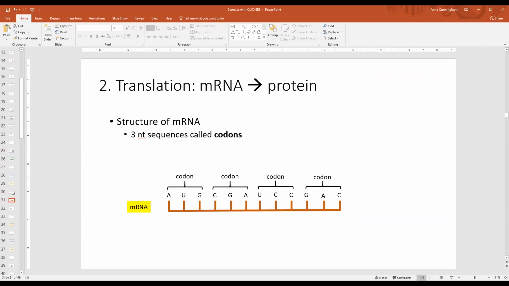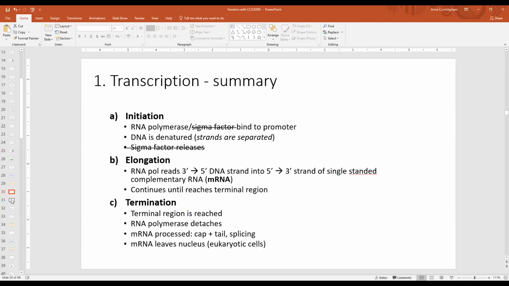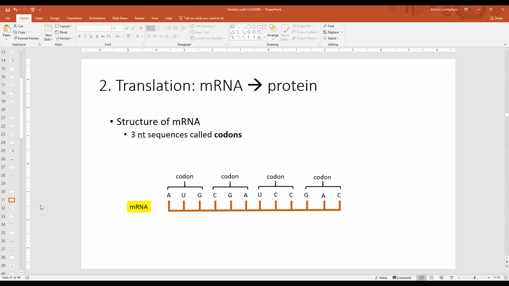So now, kind of like reviewing just where we started on Tuesday talking about translation. This is just a summary of transcription. Again, what we did is we took DNA and turned it into RNA. We have processed our RNA, and now what we need to do is translate our RNA into protein.